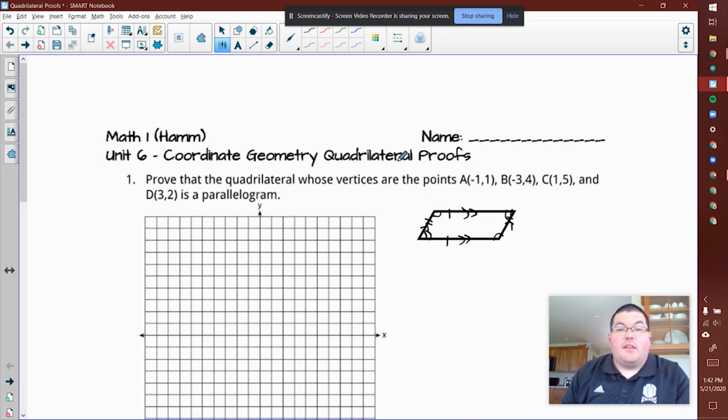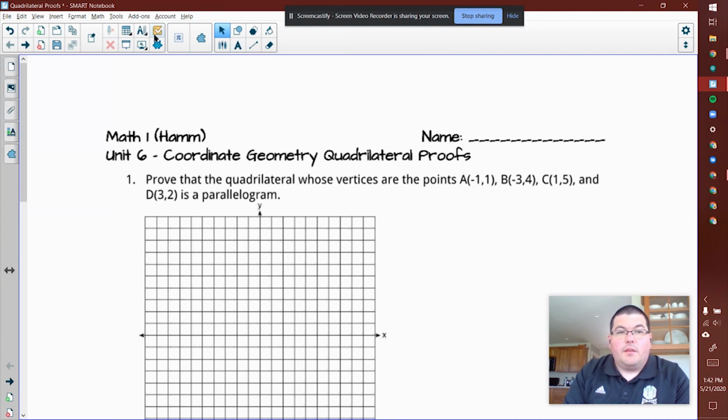And so when we begin to think about these proofs, we want to think about what ways we can use the characteristics of a parallelogram to our advantage. So first things first, let's plot our points. Point A is situated at -1, 1. B is at -3, 4.